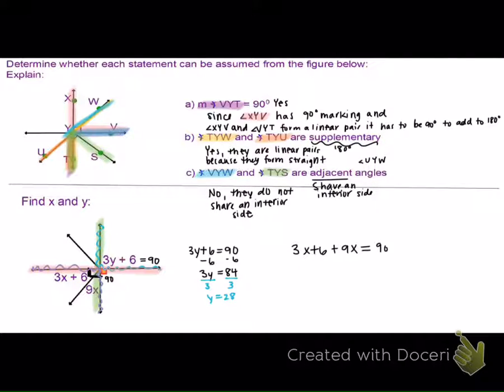So since they are in the interior of the 90-degree angle, if you add these two angles together, they should equal 90 degrees.